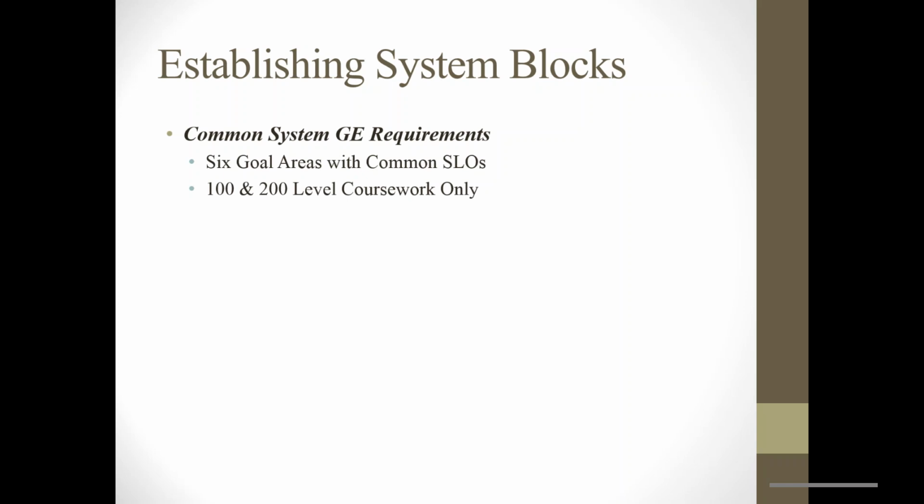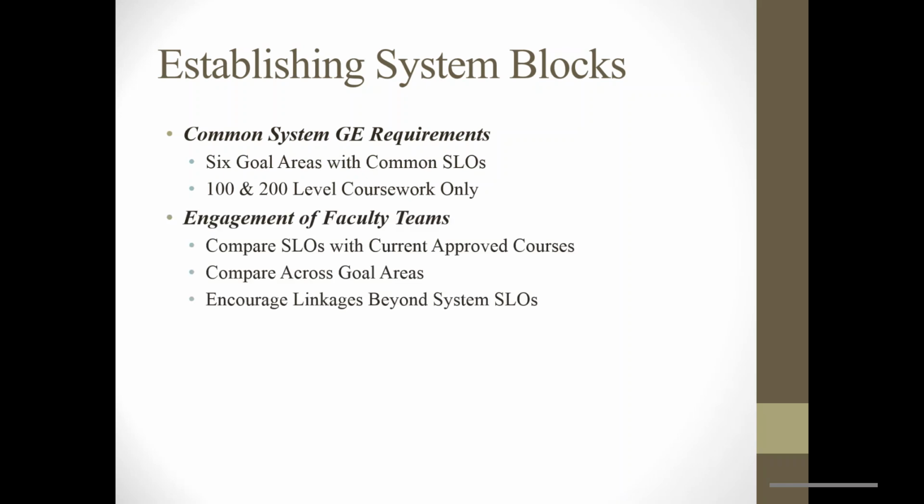We establish that only 100 and 200 level courses are viable within our general education curriculum here in the system. That made it relatively easy to make sure that our faculty teams were looking specifically at the 100 and 200 level courses that we have available.